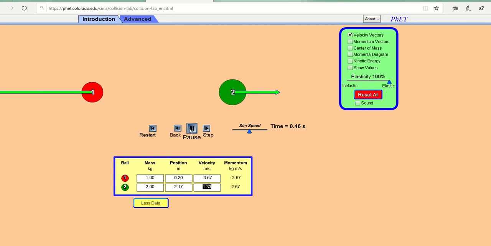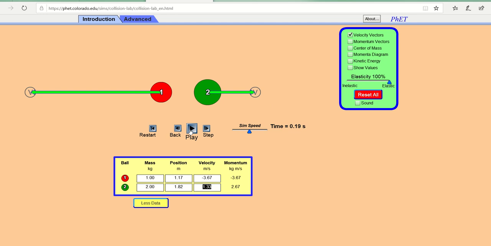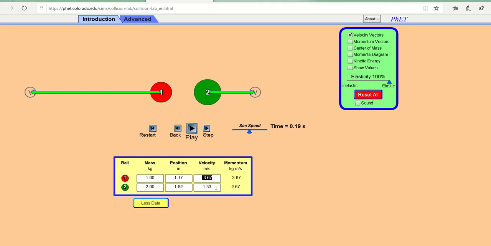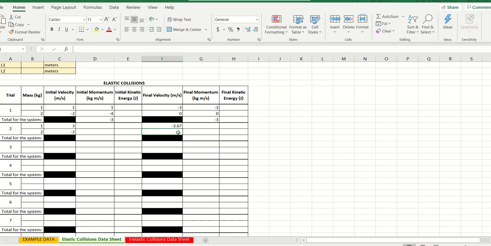I do the experiment, I pause it, and now, wait, let me, one more time. Now you read this number. This is V1 final. You copy that, you go to Excel, and you're going to put that here, and then you go back to your experiment, and you copy V2 final, and then you put that here, and now you use the same formulas to calculate the momentum, okay?